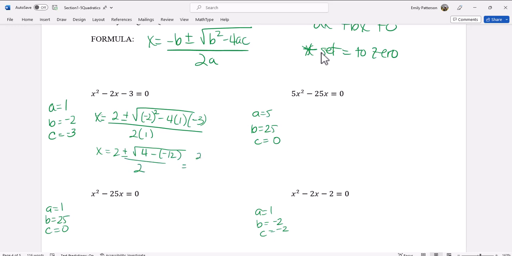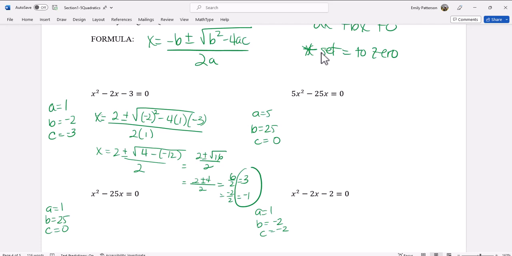So this is 2 plus or minus the square root of 16 all over 2, or 2 plus or minus 4 over 2. So our final answer is going to be either 2 plus 4, so 6 over 2, which is 3, or 2 minus 4, which is negative 2 over 2, which is a negative 1. So we're just crunching all these numbers out over and over again.